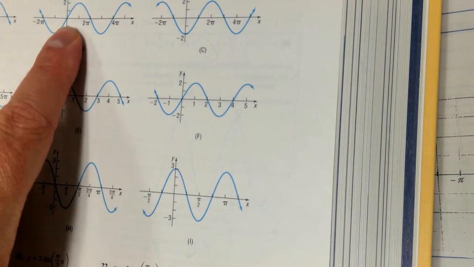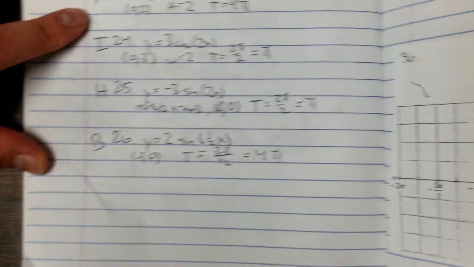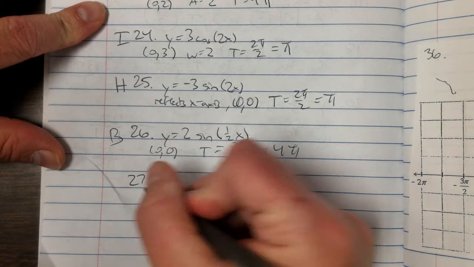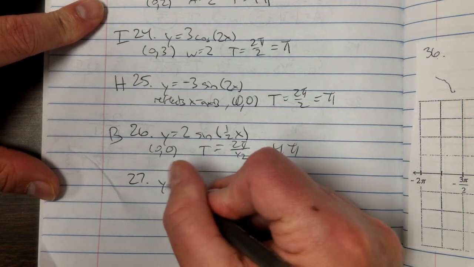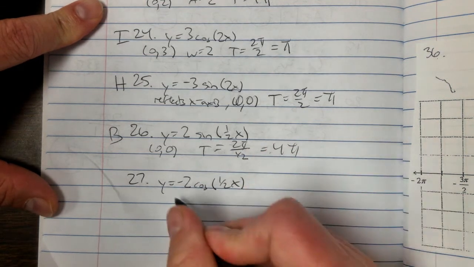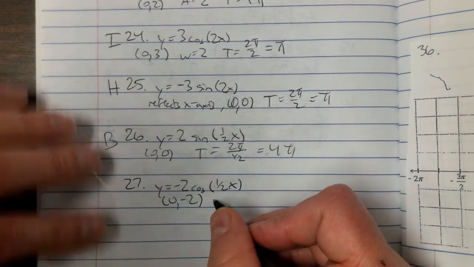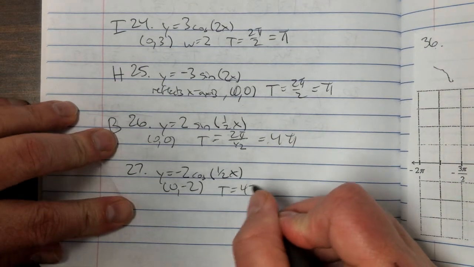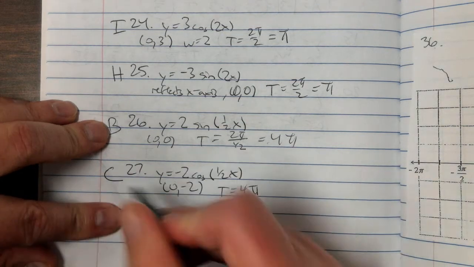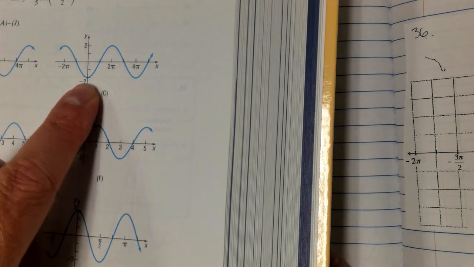So it goes through the origin and 4 pi. For 27, this one is y equal -2 cosine 1/2 x. So this has to go through the point 0, -2, since it's cosine, and the period would be 4 pi. So this one matches the C graph. It goes through 0, -2, and period 4 pi.